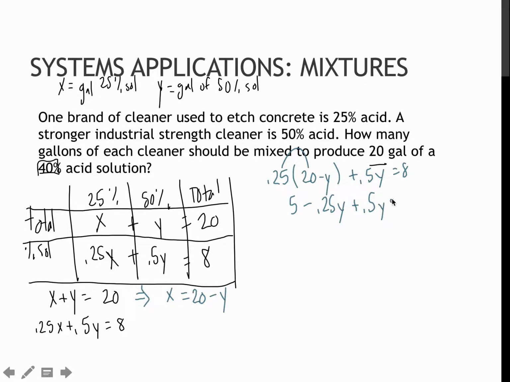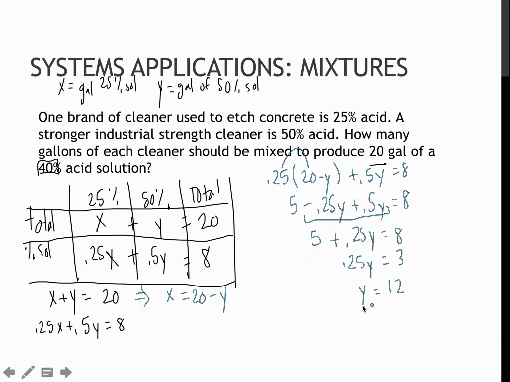Everything else gets recopied. These two values on the left side of the equation are like terms, so I can combine them together. So I get 5 plus 0.25Y equals 8. I'm going to subtract 5 from each side, so 0.25Y equals 3, and then divide each side by 0.25 to end up with 12.